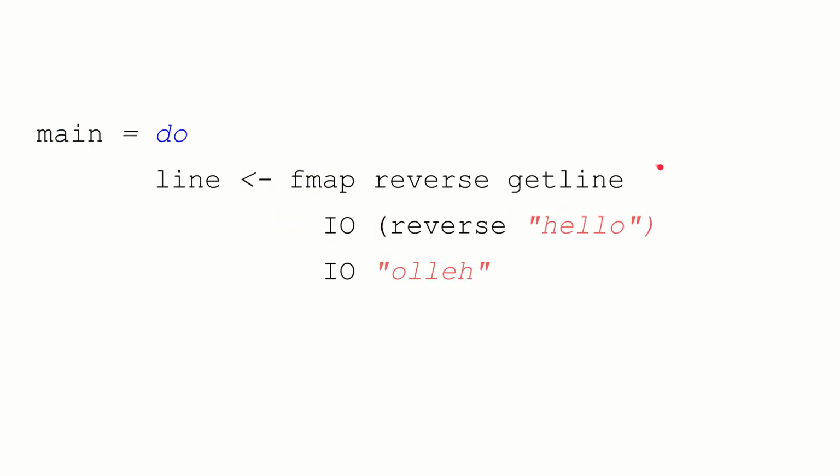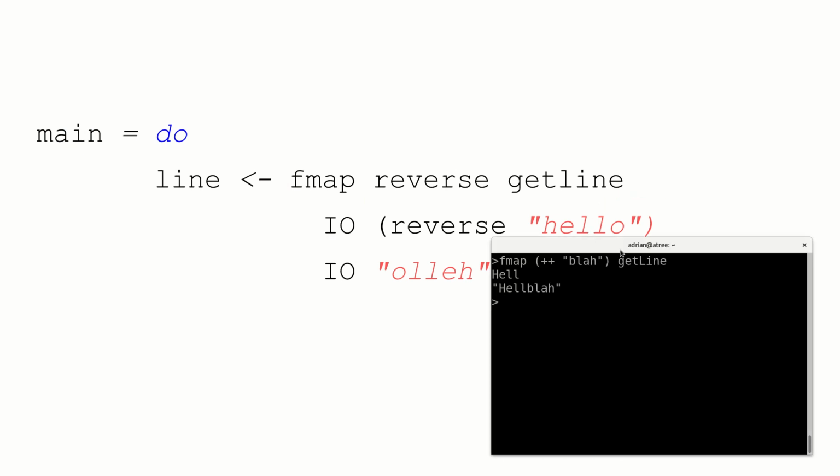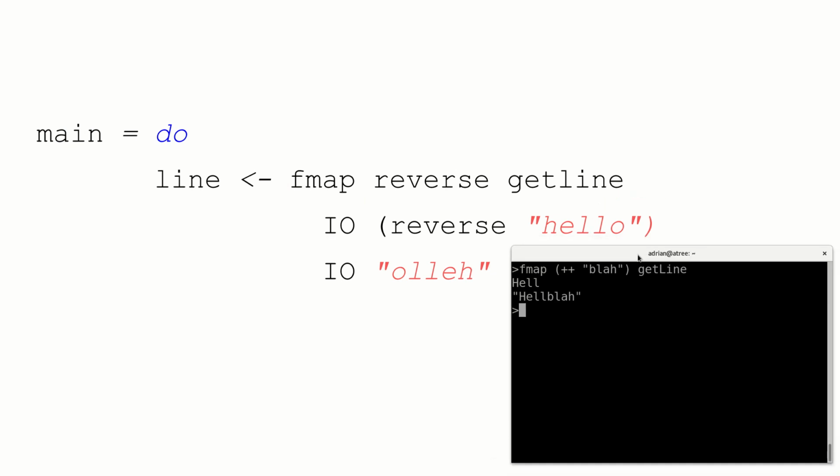So let's do, okay, here we go. So this is exactly what I wrote down here. Similar anyway. So if we do fmap reverse, so it doesn't need any parameters, getLine hello, it just reverses it. So again, the value of our getLine is kind of our functor, because it's an IO.